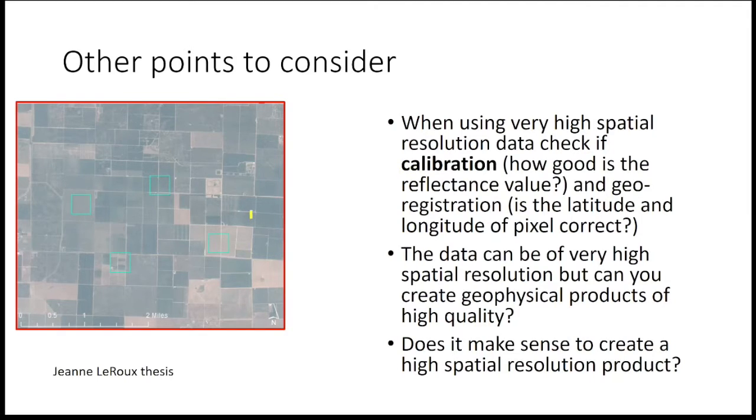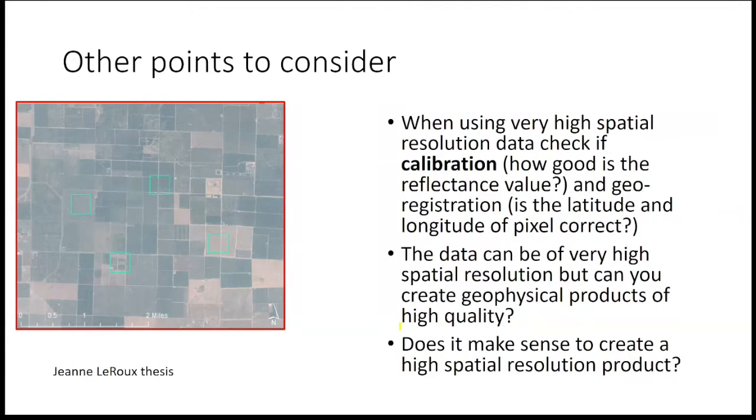So if you are using very, very high spatial resolution data that doesn't have good geolocation parameters from aircraft, the first thing you have to ask yourself is how good is the calibration, which basically means how good is the reflectance value and the temperature value that the product provides. And when they say that the latitude, longitude is a certain value, is it actually correct?